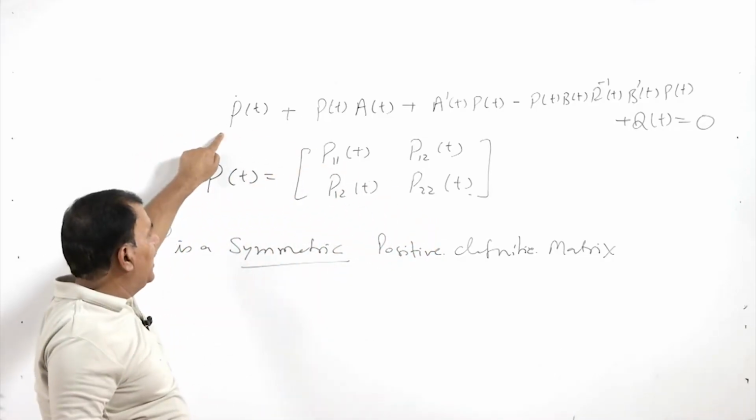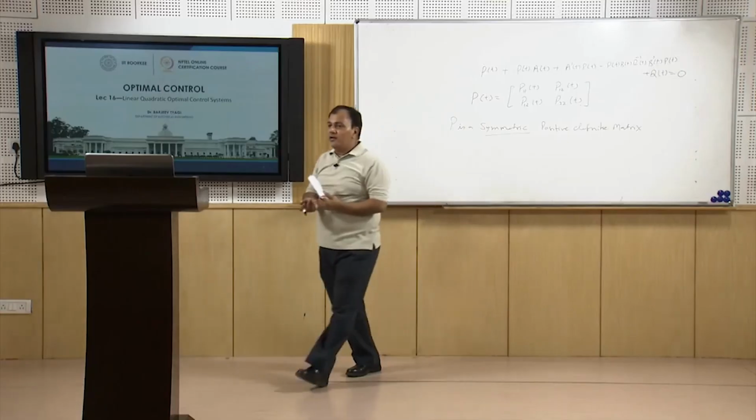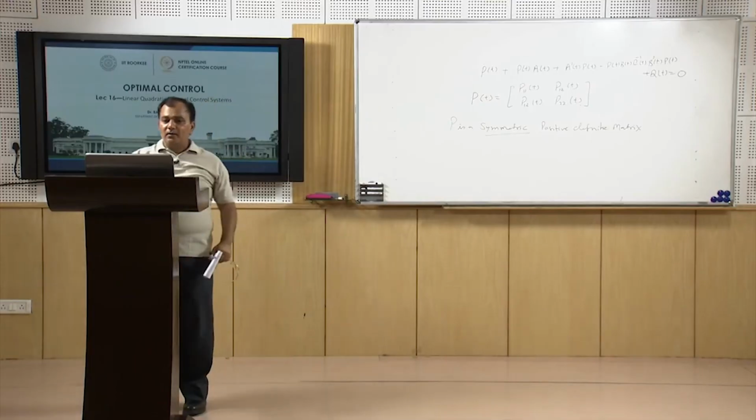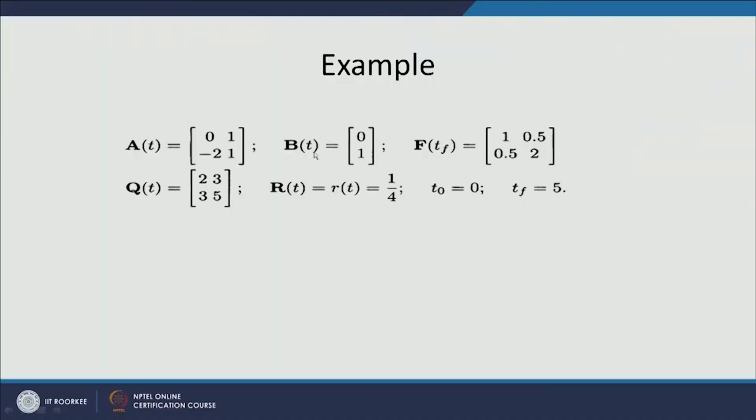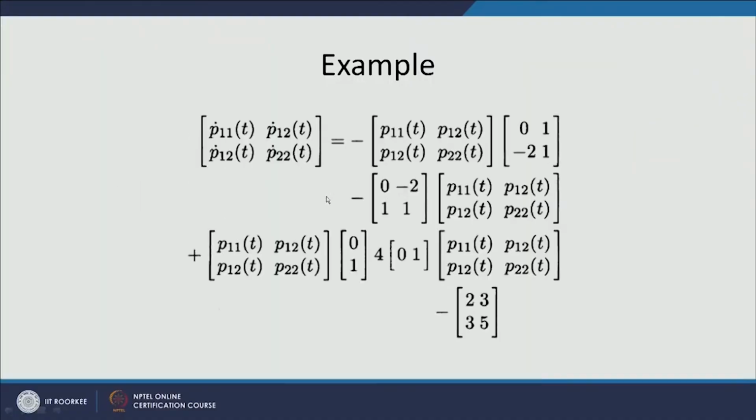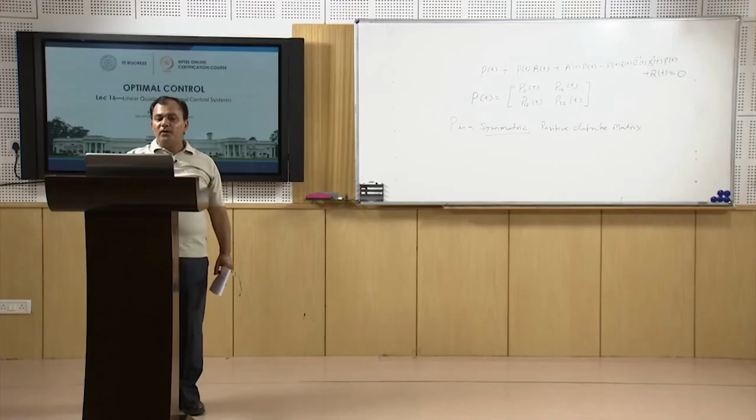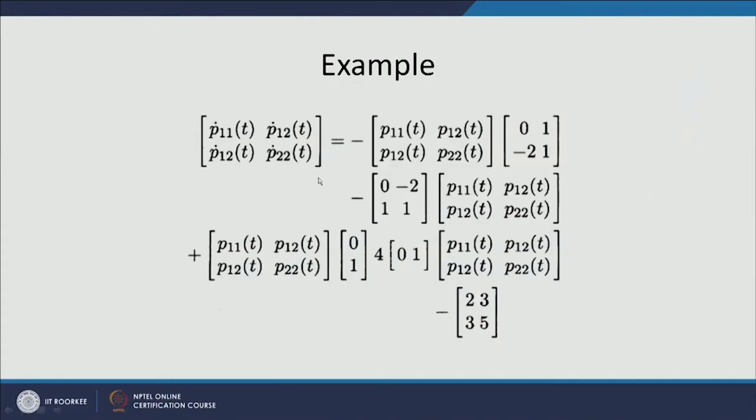So, with this value of P and the values of A, B, Q and R, I can write my equation as P11 dot, P12 dot, P12 dot, P22 dot as this whole equation. Because this is a symmetric matrix, in place of the 4 equations I will get only 3 equations.